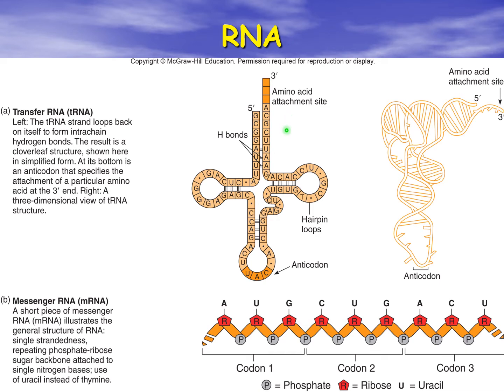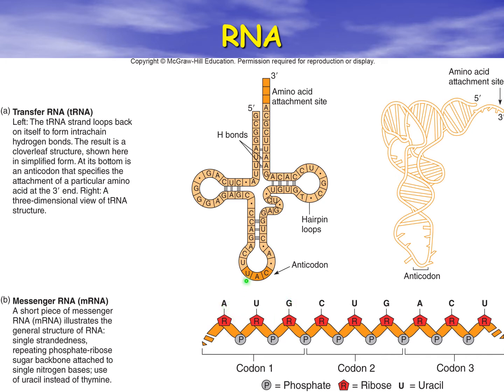And we have two important areas. One is right up here where the 5' and 3' end fold on itself, and this is the amino acid attachment site. This is where whatever amino acid will attach, and what amino acid attaches here is determined by the opposite end, which is a 3-nitrogenous base sequence known as an anticodon. So for example, if our first codon of messenger RNA is AUG, I simply make the complementary bases.